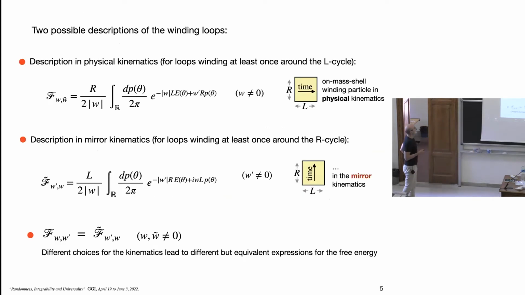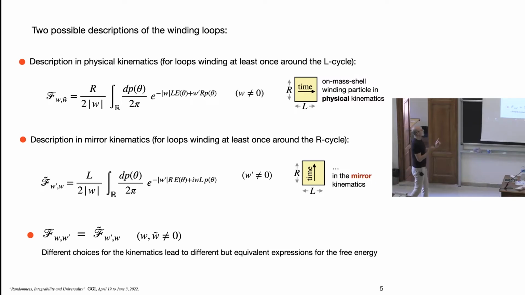So now when we fix the discontinuity delta X to be on the period lattice of the torus, we have two descriptions of the sum over winding loops on the torus with winding numbers W and W prime. This is not tilde, this is prime.